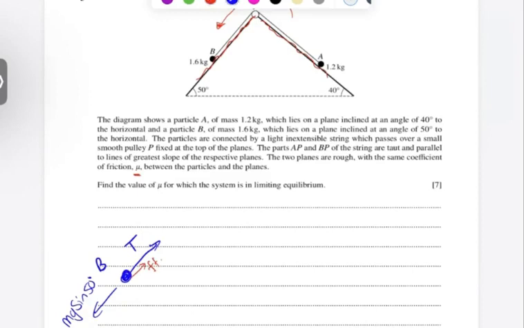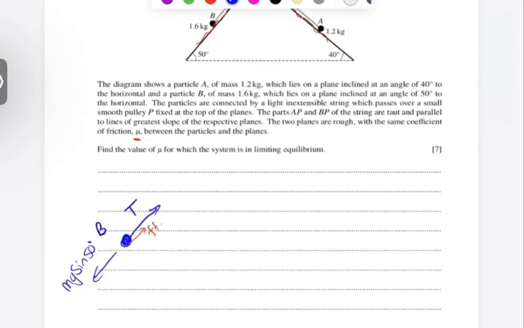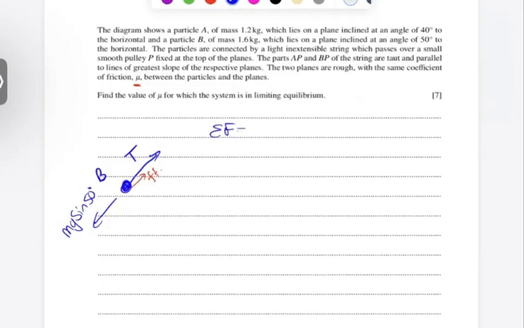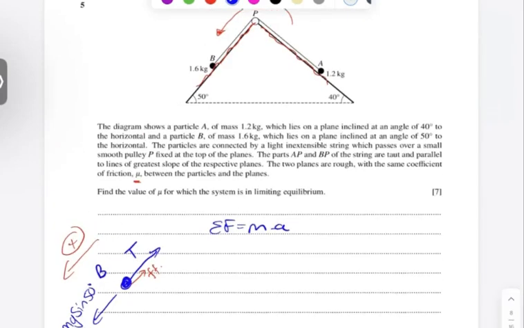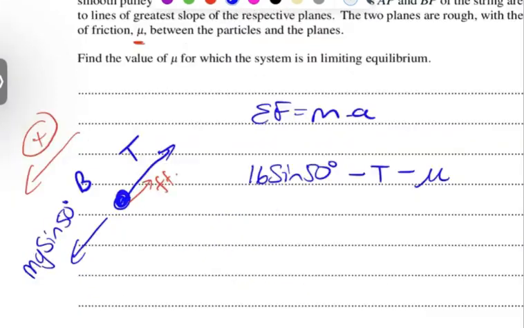Okay, so let's write up our Newton's law for this. So we've got only these three things, and our direction down is going to be positive. So I've got mg sine theta, which is 16 sine 50, minus my tension, minus my mu times my R. If I just quickly dive into this, R should be straightforward because there are no other components in the y direction.